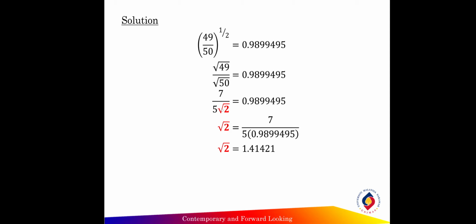Square root 50 can be written as square root of 25 times 2, where you get square root 25 times square root 2. That is how you get 5 square root 2.